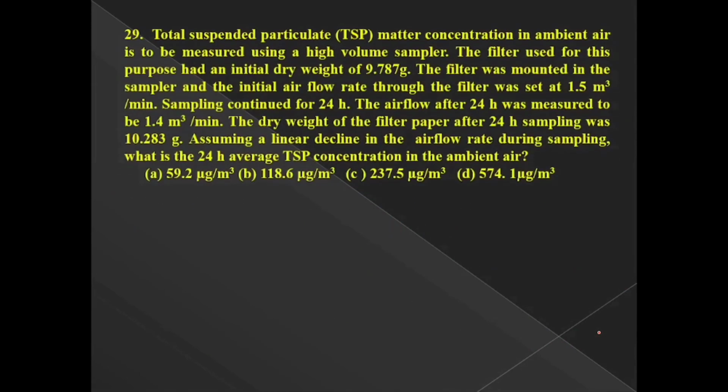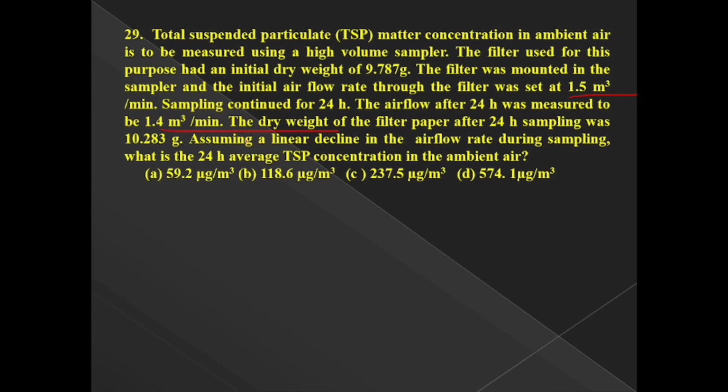Question number 29 is also very important. The total suspended particulate matter concentration in ambient air is to be measured using a high volume sampler. The filter used had an initial dry weight of 9.787 gram. The filter was mounted. Initial airflow Q1 is given as 1.5 meter cube per minute, Q2 is given as 1.4 meter cube per minute.